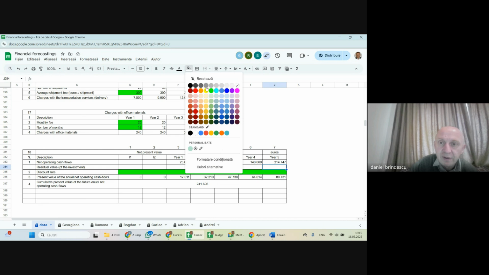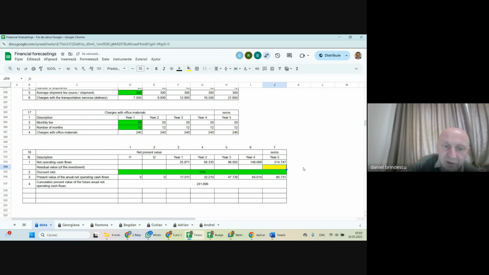Now, how can I estimate the value of the investment at the end of the fifth year of operations? There are different methods. The most commonly used one is the capitalization method, which states that, well, what's the net operating cash flow for the last year?